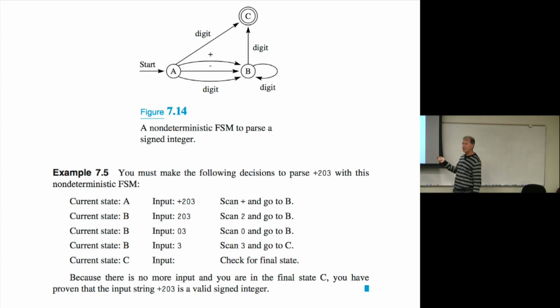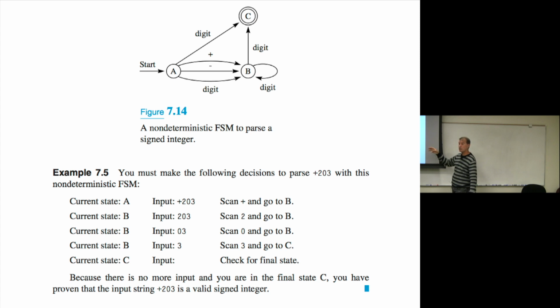Non-deterministic finite state machines are less efficient than deterministic finite state machines. And by the way, if any of you are slated to take the automata theory course, you will do this. You can prove that for every non-deterministic finite state machine, there is an equivalent deterministic finite state machine.